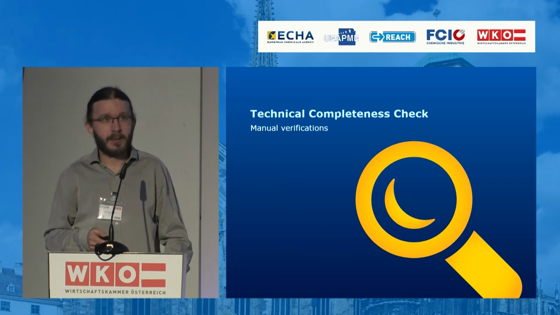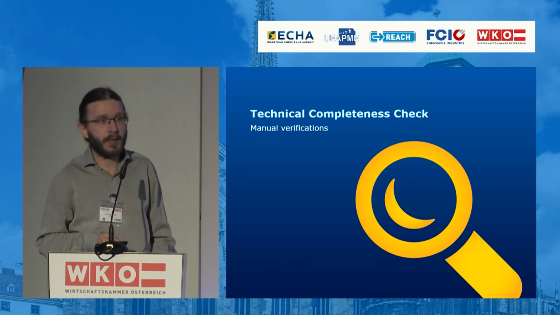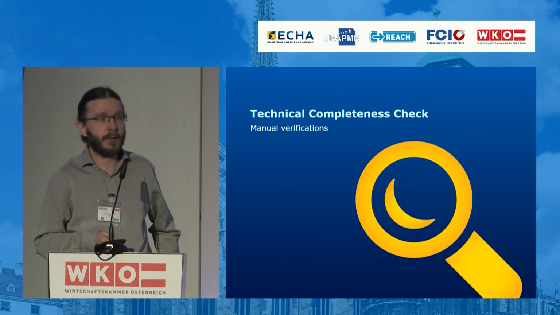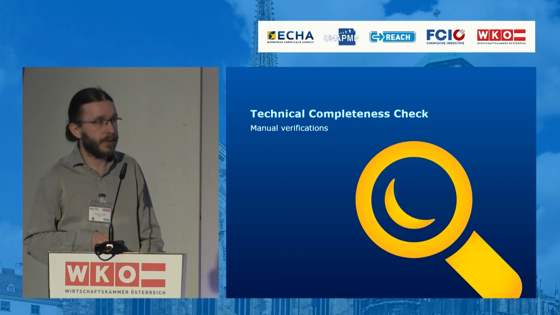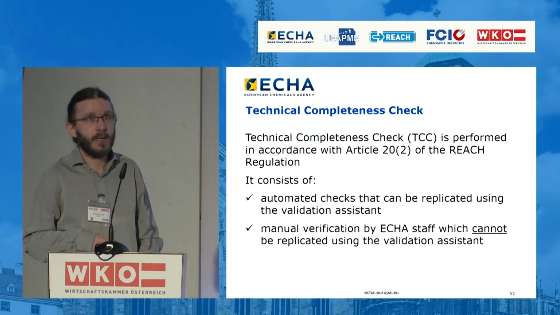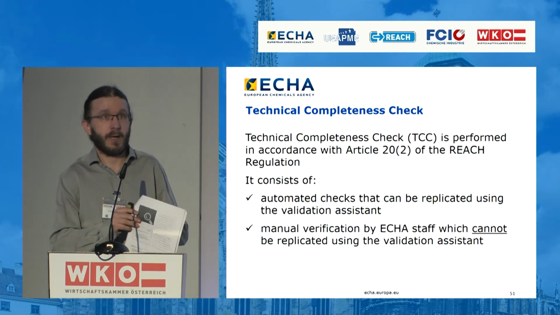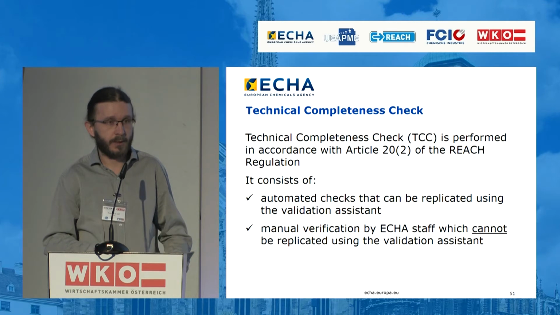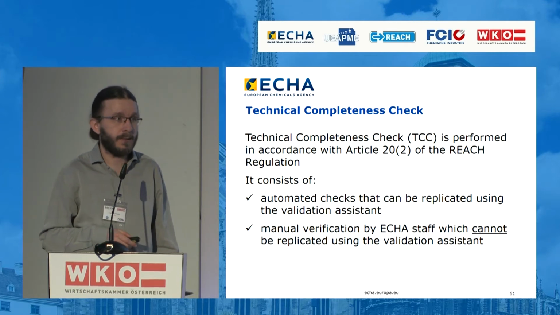I said several times that you can use the validation assistant to know whether your dossier will be accepted by ECHA or not. And in ECHA, we are using exactly the same tool to check the completeness of your dossier. But since June 2016, we, in addition, do some manual verifications. According to the REACH article, we have to make sure that when you submit a registration dossier, all the data required is available.